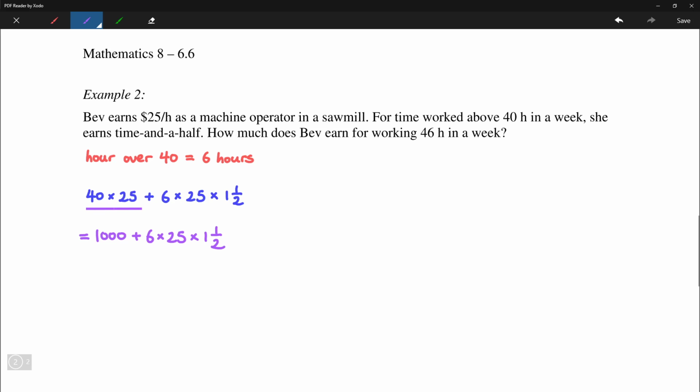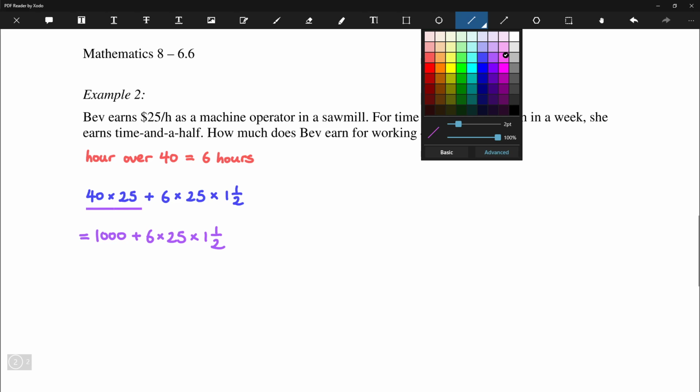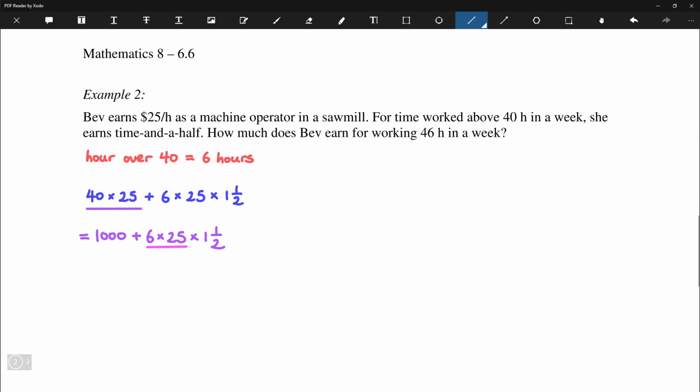So the next operation to be completed is going to be 6 times 25. So 6 times 25 is going to give us 150 multiplied by 1.5. So the next step then afterwards is to multiply 150 by 1.5.